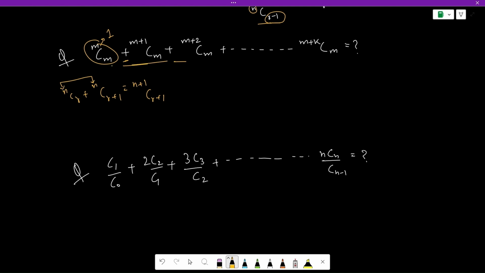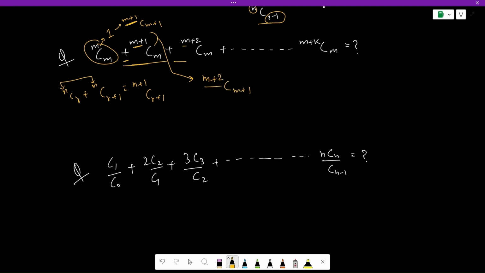different. So to solve this problem, what we can do is 1 can be written as (m plus 1)C(m plus 1). Now we have this and this is same, so we can add them and write it as (m plus 2)C(m plus 1).